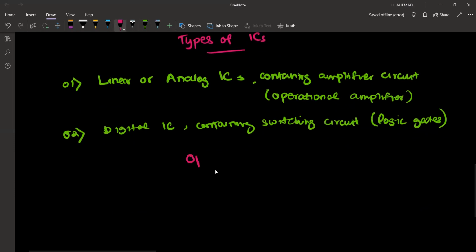Operational amplifier topic. Operational amplifier. In short, we also say it as op amp.